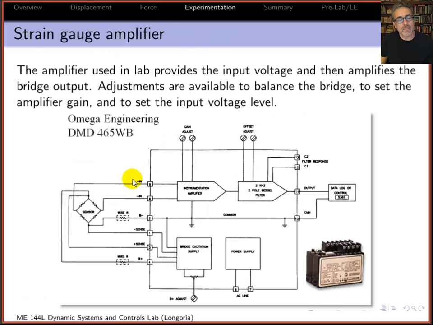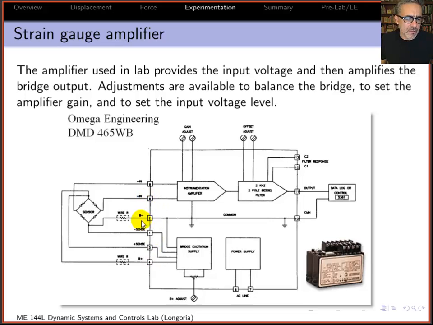Just to show you what the typical amplifier might look like, this sensor here represents that full bridge, like you might have on that cantilever beam, and the particular amplifier that we are using has connectors for outputs that go to power the bridge.